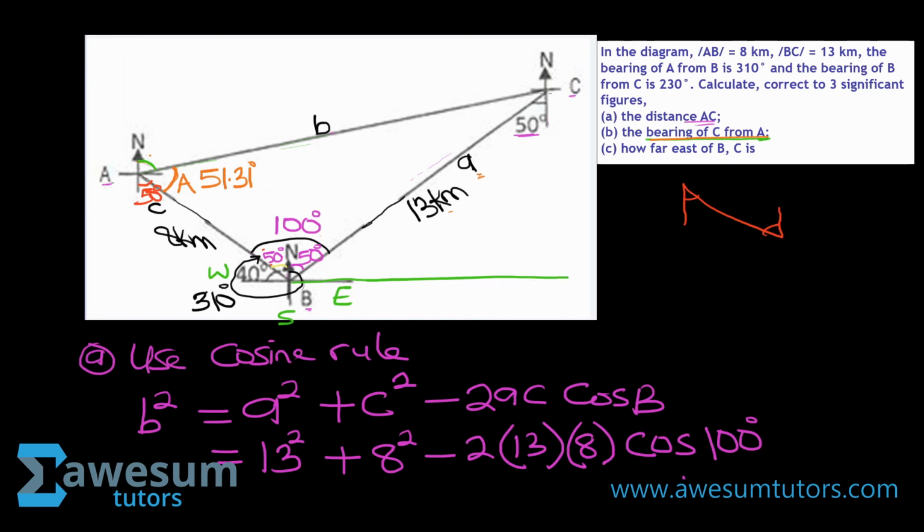And then this one right here, trace it down, because what we are trying to do is find the distance from here to here, since the question is how far east of B is C. So I'm going to make this my D. Remember, this is east that we are talking about. Take note, that is not an E, it's east.